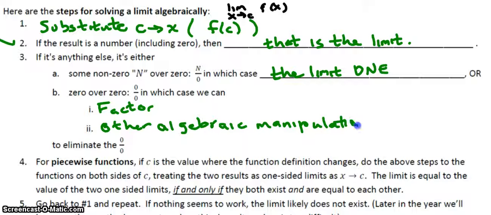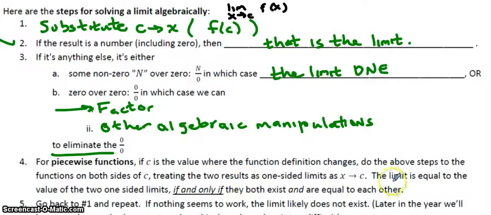That could be using identities or conjugates or some other form of changing the form of the ratio so that we end up eliminating that hole. Generally, for what we're going to be doing here, factoring is going to be the solution, and that's going to hopefully eliminate the 0 over 0.